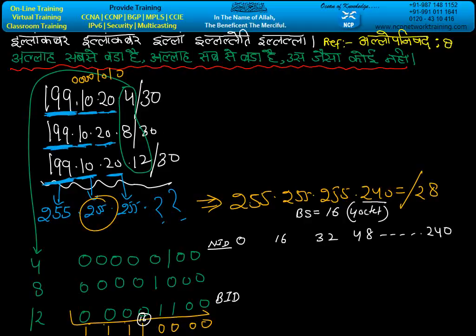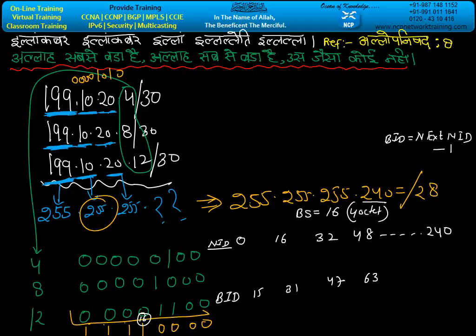BID is equal to the next NID minus 1. That is 15, 31, 47, and the next is 64, so the BID of this subnet will be 63.